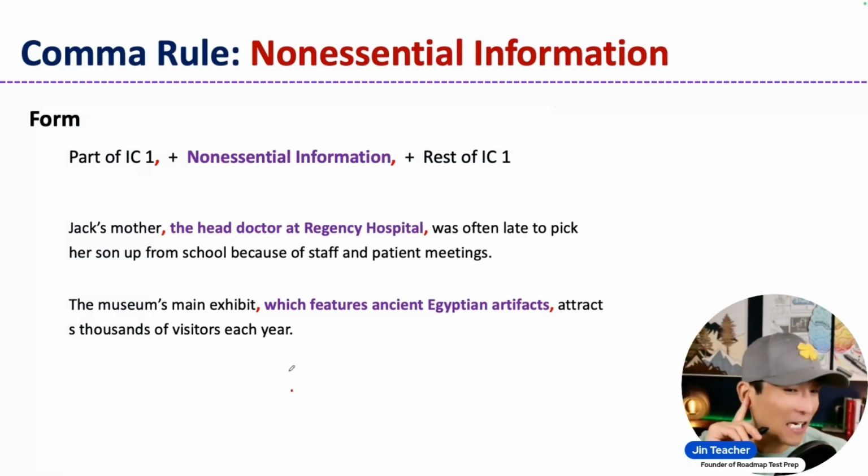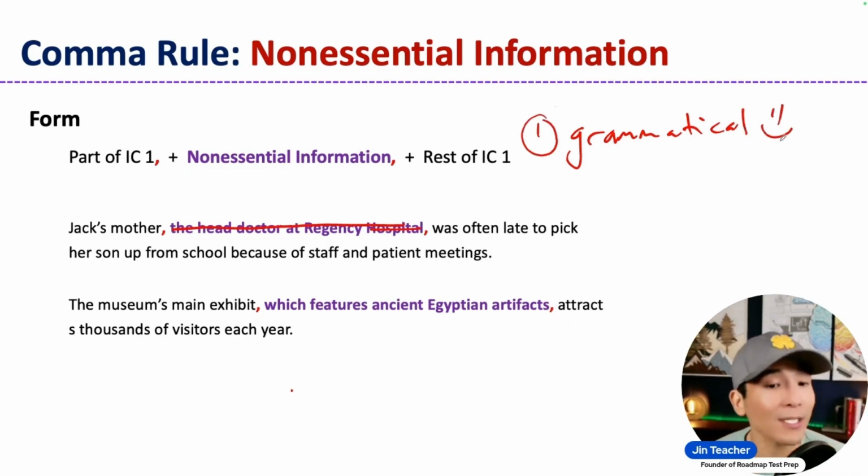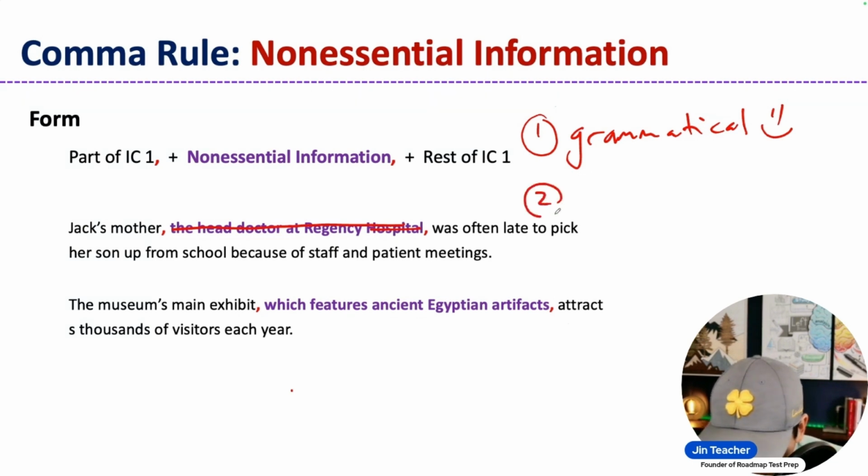Okay, so that's one kind of clue that can tell you that you might have non-essential information inside of a sentence, okay? The second one is a little bit more technical, or a lot more technical. Let me also combine the second rule as well.